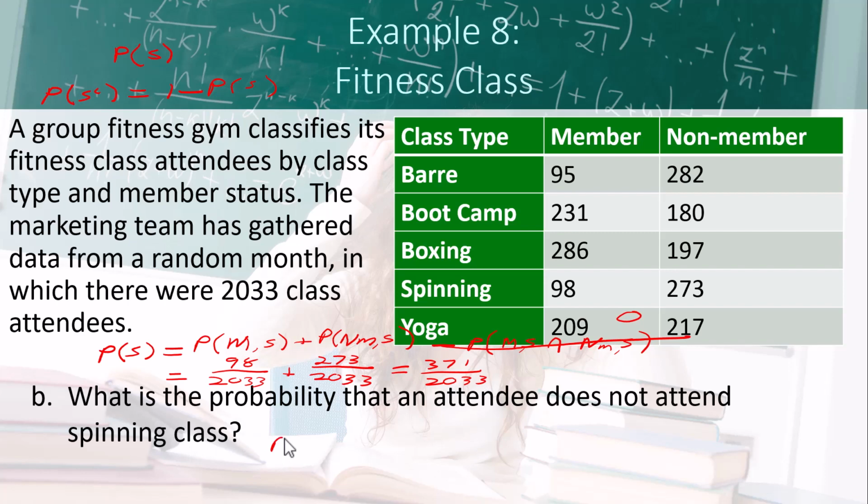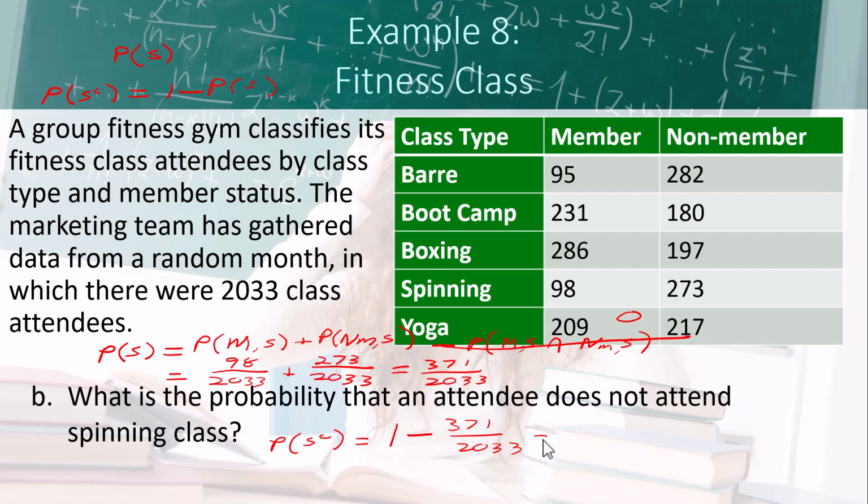Therefore, the probability of an attendee not attending spinning class is going to be equal to 1 minus 371 over 2033.